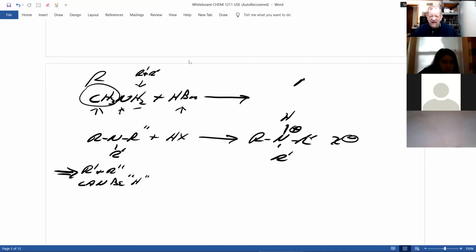And therefore, I'm going to have my nitrogen. It's going to have a methyl group, my R prime is hydrogen, my R double prime is hydrogen, and it gets one more hydrogen, and my halogen is bromine.